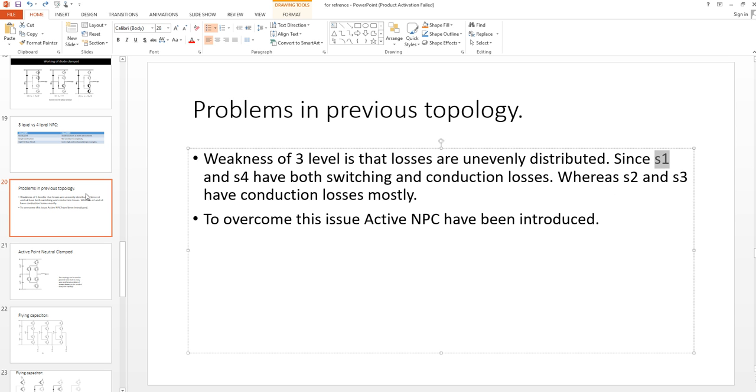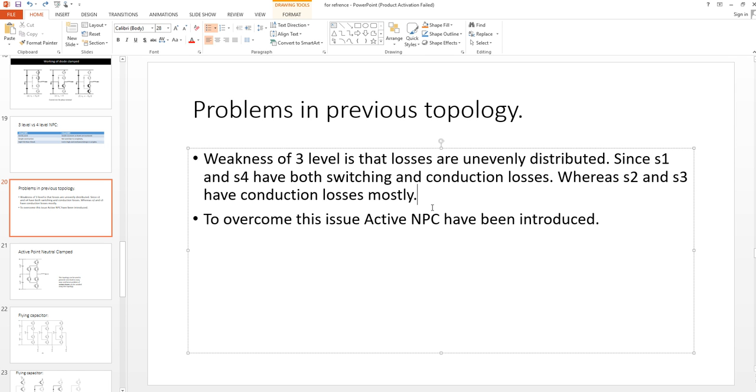The switches S1 and S4 have both switching as well as conduction losses, meaning the switch is turned on as well as turned off. Whereas S2 and S3 have mostly conduction losses. They don't have switching losses. Their turn on and off period is very low as compared to switches S1 and S4. So the losses are unevenly distributed.